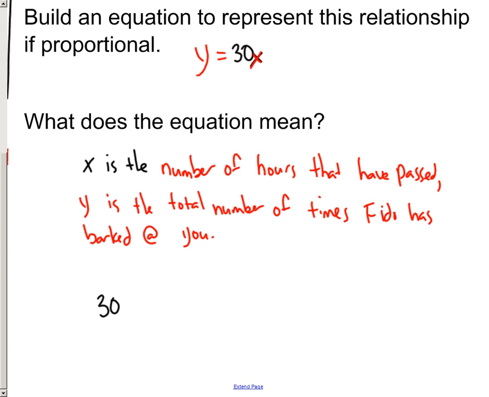And 30 is the rate of change. Actually, let's call it the constant rate of change, because I just want to emphasize to you that it's not changing, okay? 30 is the constant rate of change happening in the relationship or occurring in the relationship.